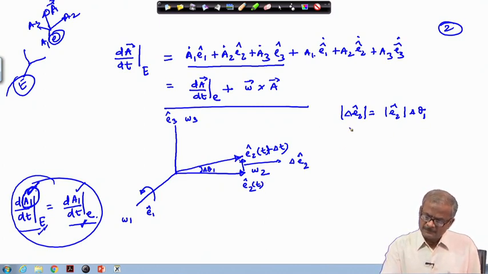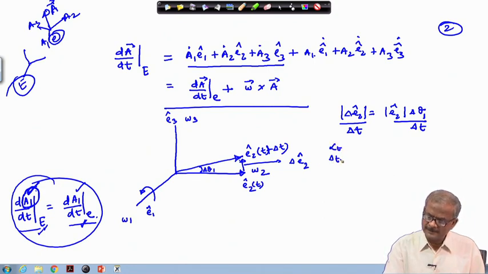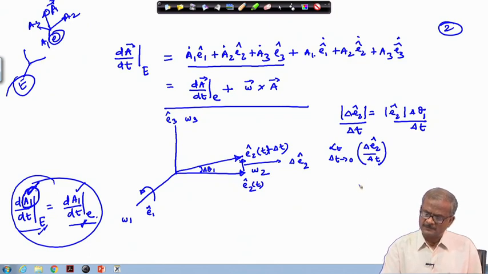Now, if we divide by delta t on both sides, and take the limit that delta t tends to 0, we are looking for quantities like E2 dot, E1 dot, E3 dot.